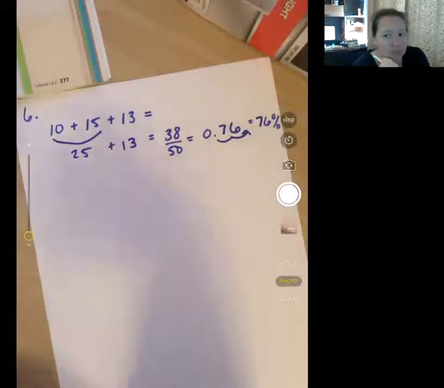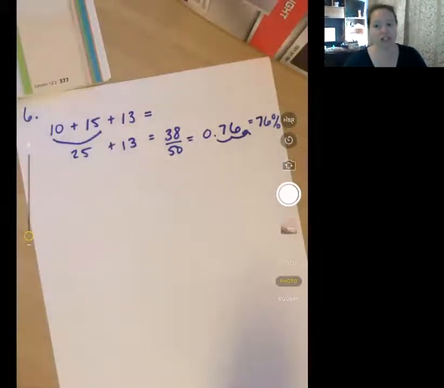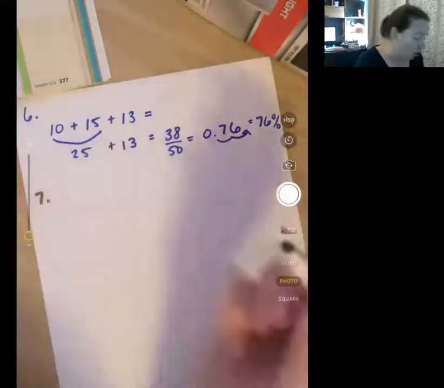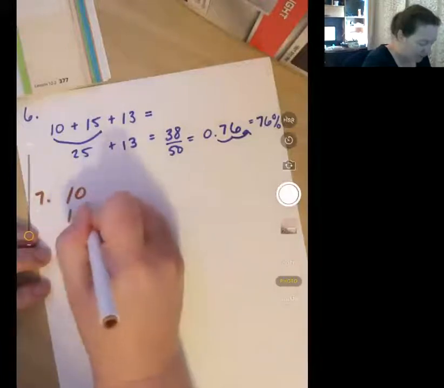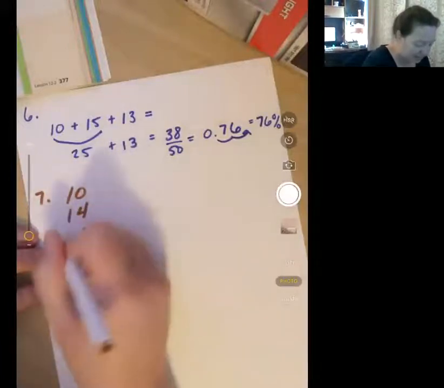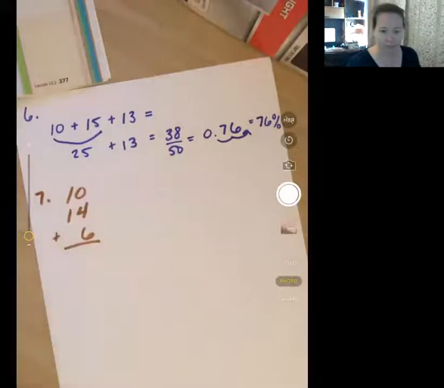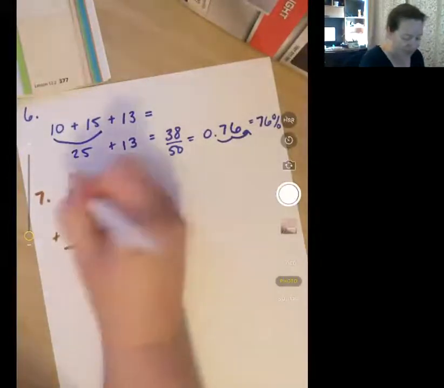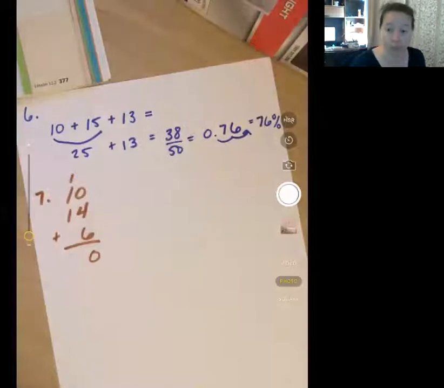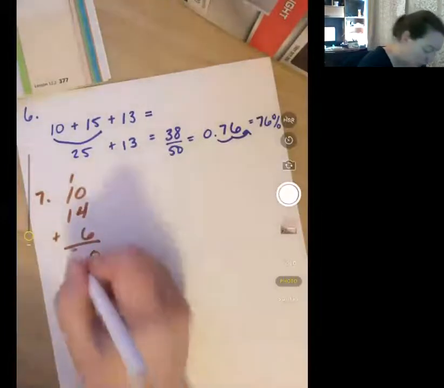But the first thing we have to do before we can do anything else is find the denominator. So we have to take all of the numerators, 10, 14, and 6, and add them all together. Okay? So 4 plus 6 is 10, and 1 plus 1 plus 1 is 3.